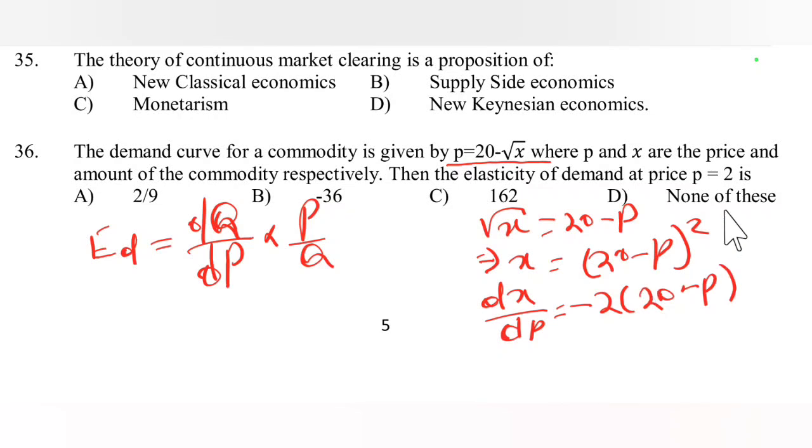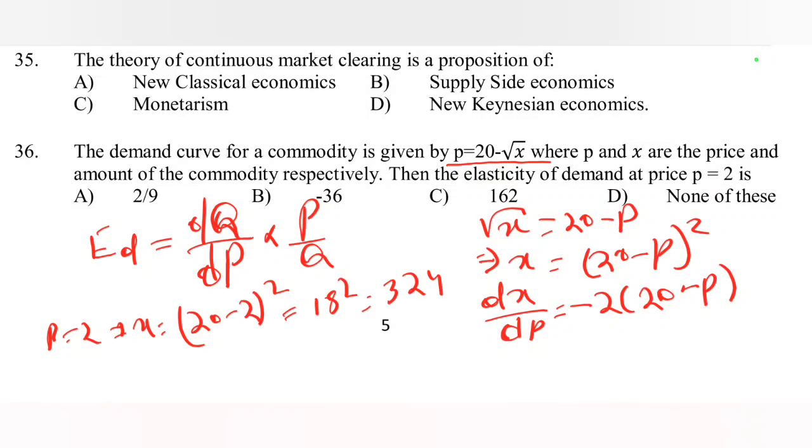So the question is, at p is equal to 2, what is the value of elasticity of demand? At p is equal to 2, this implies x is equal to (20 minus 2) square, so 18 square is equal to 324.